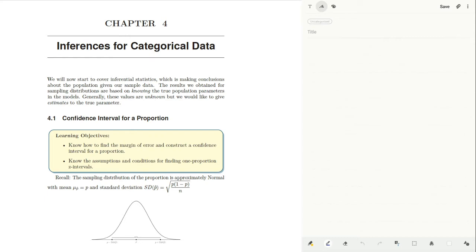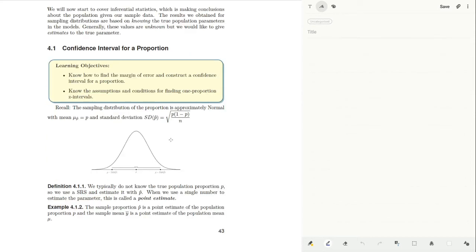for a proportion. Now recall that under certain assumptions and conditions, the sampling distribution of the proportion will be approximately normal, with the mean equal to p, and the standard deviation equal to the square root of p times 1 minus p all over n. Now there is a problem with using this model.